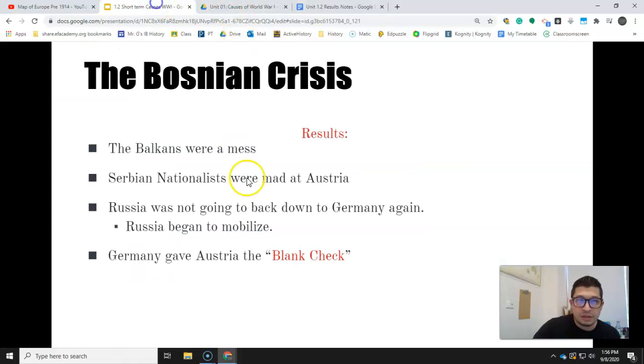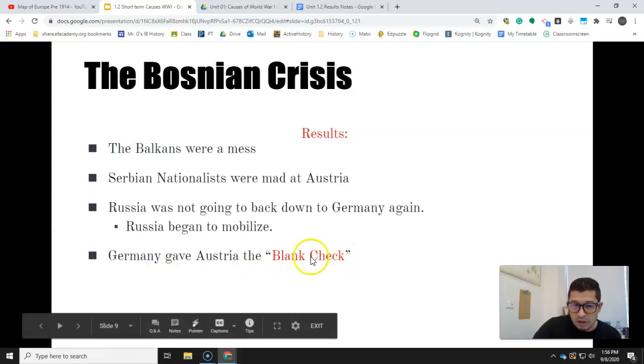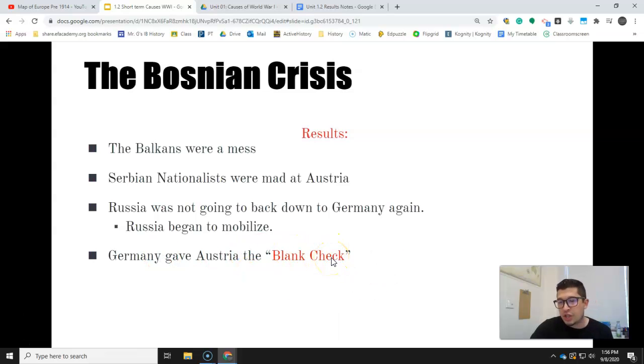If we go back to our PowerPoint, right here, Germany is going to give Austria a blank check. They are going to tell the Austrians that whatever happens, we are there to back you up. If Russia tries to attack you, if Serbia tries to attack you, if any Balkan country tries to attack you, or even if you want to go in and attack a Balkan country, we have your back.